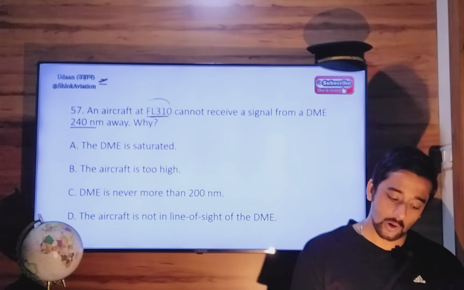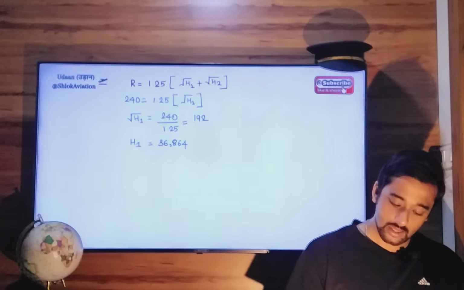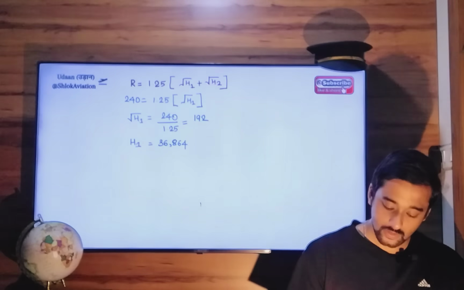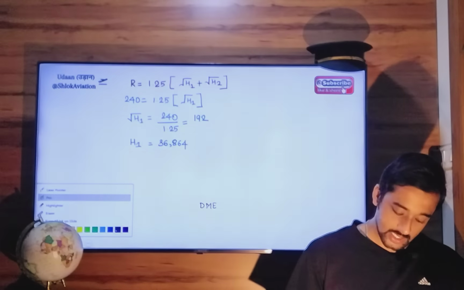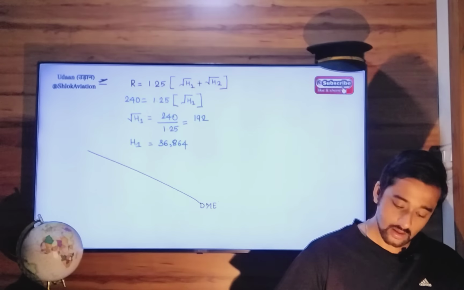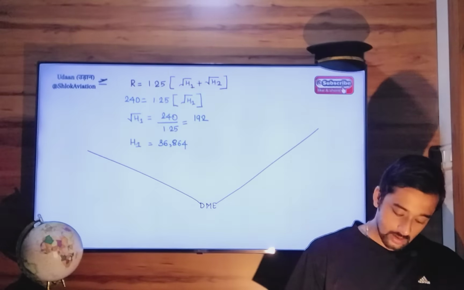But the aircraft is below that altitude, it is at 31,000 feet. So diagrammatically, let's say this is your DME station and this is the designated operational range.